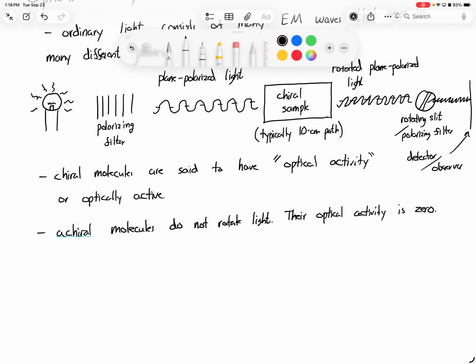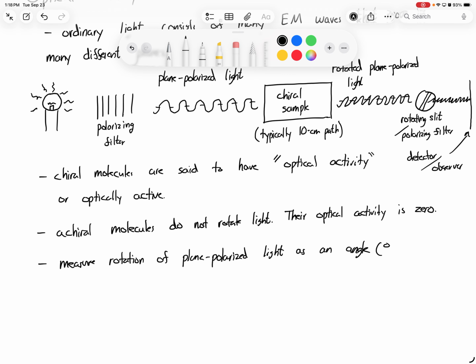Okay. All right. So the common way we measure this value is that we measure the rotation of plane polarized light as an angle of rotation.